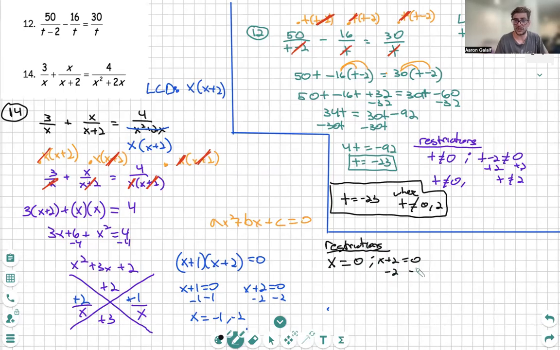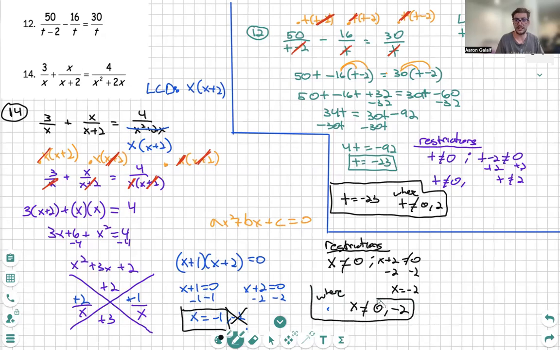We'll subtract and solve for this one, and we can clearly see x cannot be 0 or -2, which creates an issue with one of our answers. We have x equals -2, but that's a restriction. So that is actually not an answer. My answer is x equals -1, where x cannot be 0 or -2.